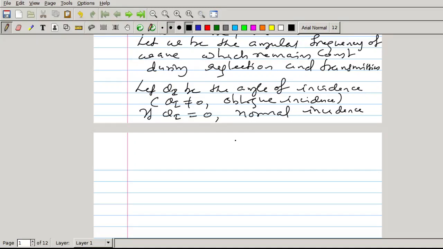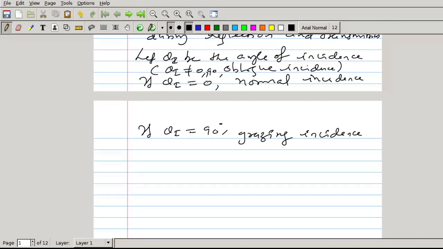If theta I equals 90, it is called grazing incidence. Between 0 and 90, it is called oblique incidence.